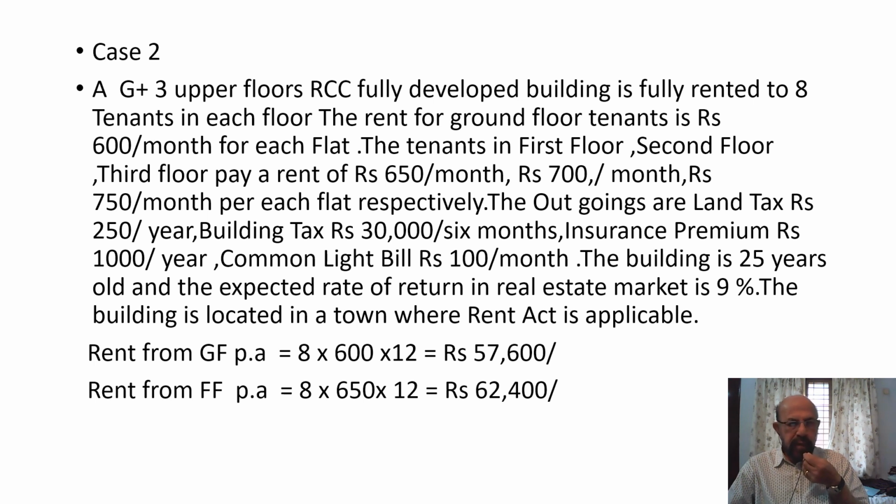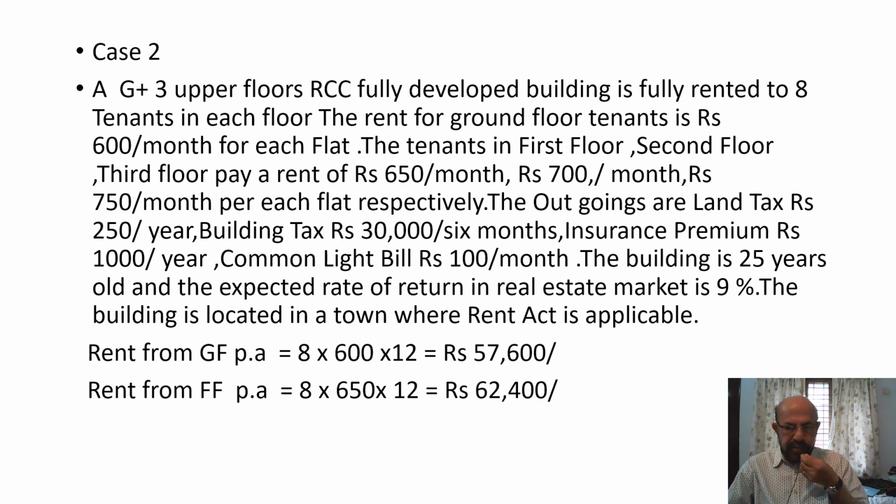Case 2. A ground plus 3 upper floors RCC fully developed building is fully rented to 8 tenants in each floor. The rent per ground floor tenant is rupees 600 per month for each flat. The tenants in the first floor, second floor and third floor pay a rent of rupees 650 per month, 700 per month and rupees 750 per month per flat respectively.